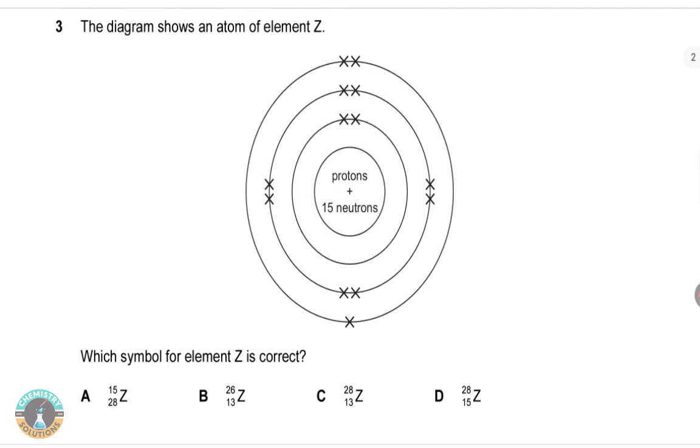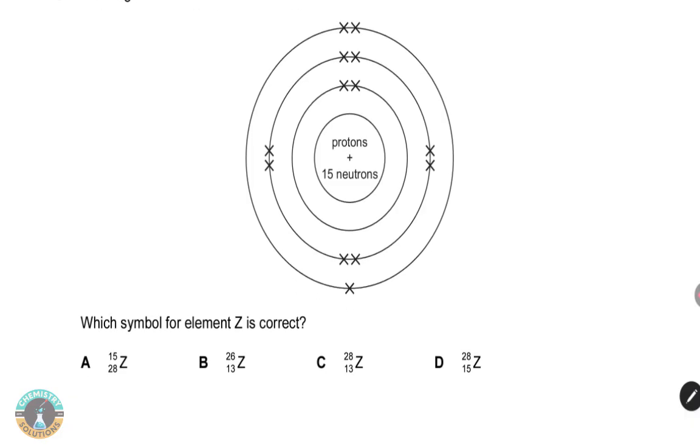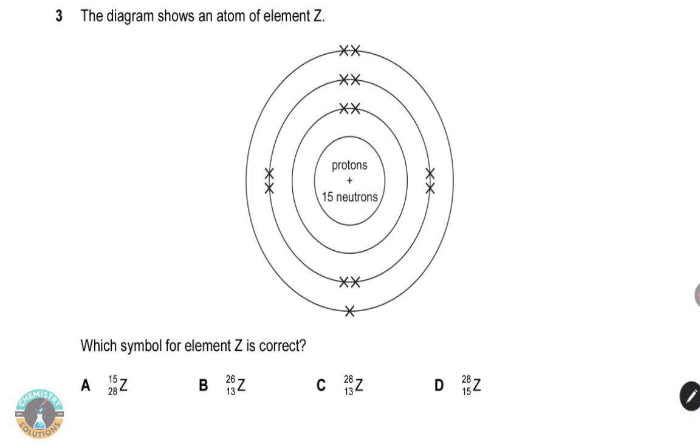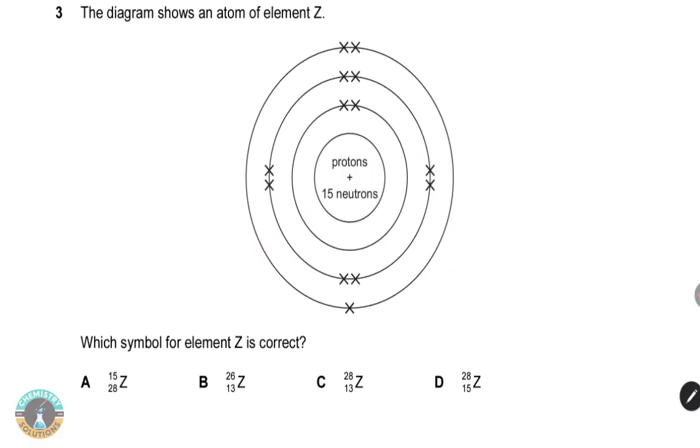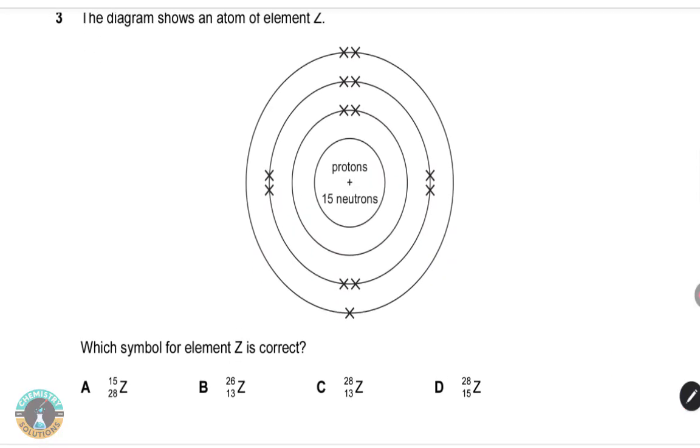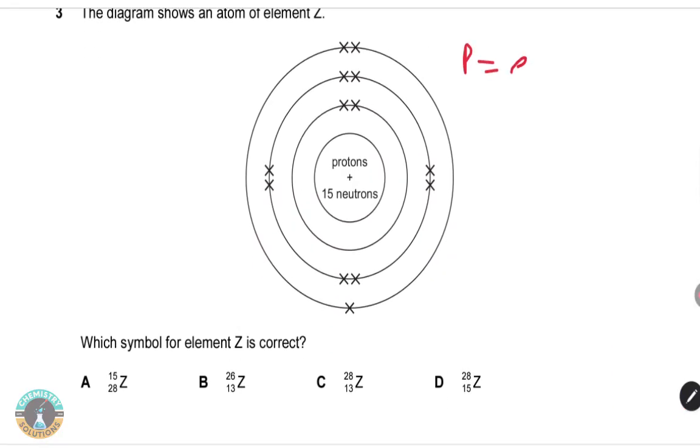The diagram shows an atom of element Z. Which element for element Z is correct? You can count the number of electrons. As you know, the number of protons is equal to the number of electrons. So we can write protons are equal to electrons.